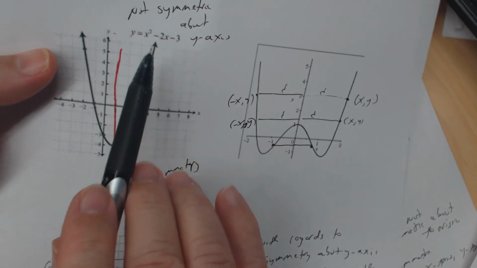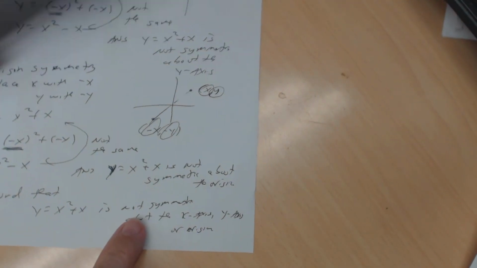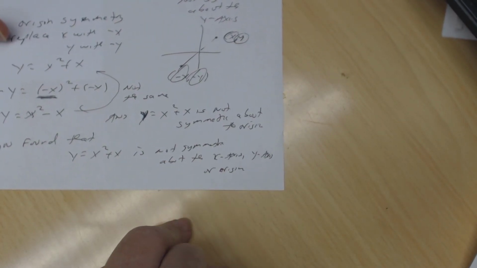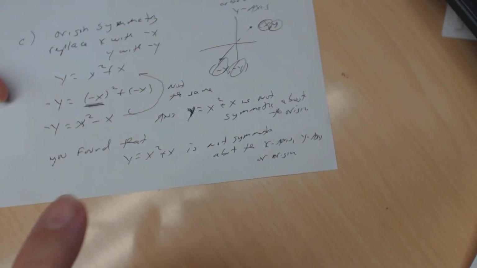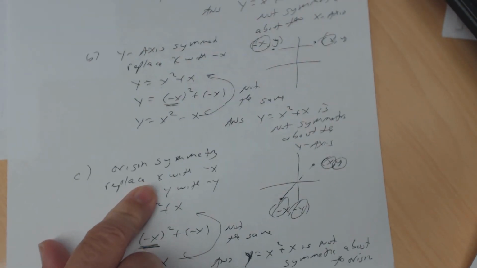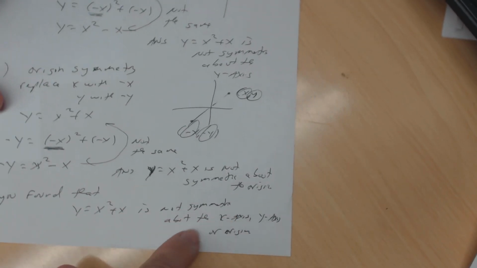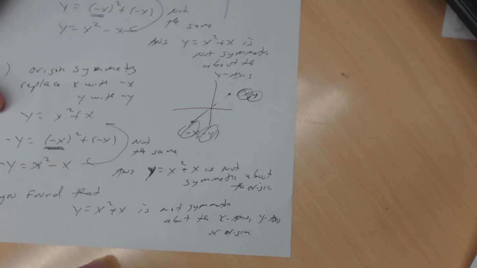You're going to graph something like this soon. So what I want you to notice is whenever we say that it's not symmetric about those three, that doesn't mean it doesn't have symmetry. It could still have symmetry. These equations could still have symmetry. We're just testing about these three common ones: x-axis, y-axis, origin.